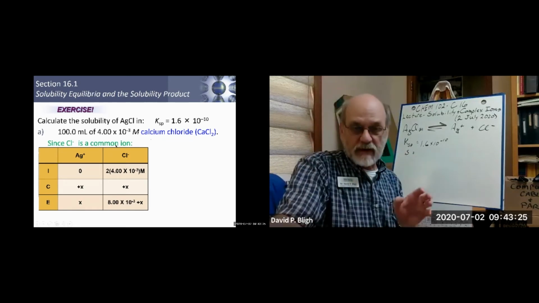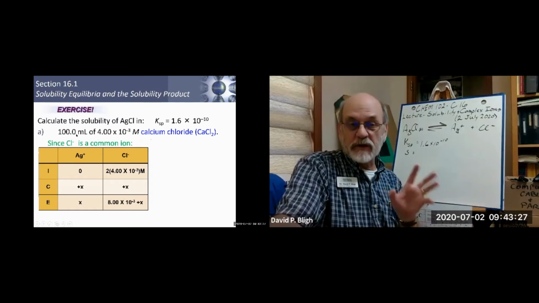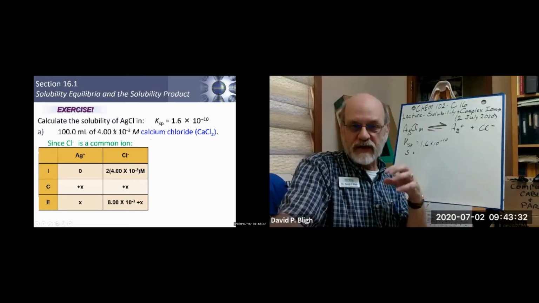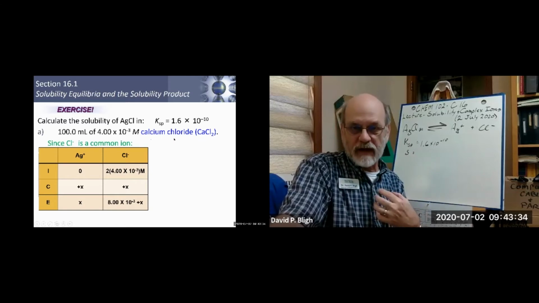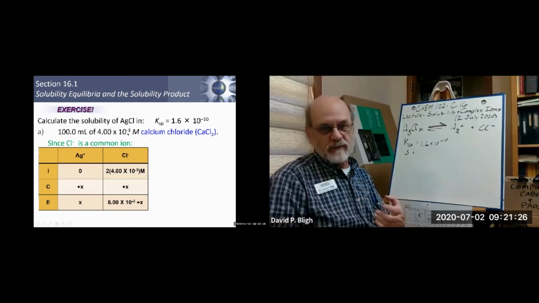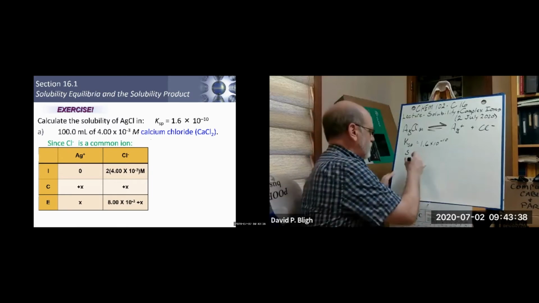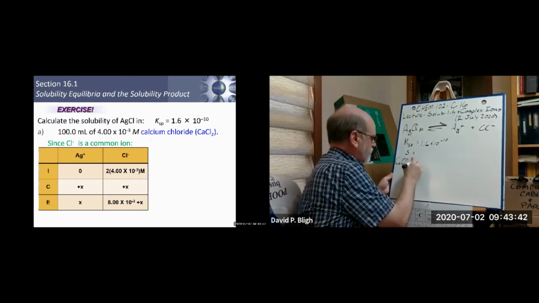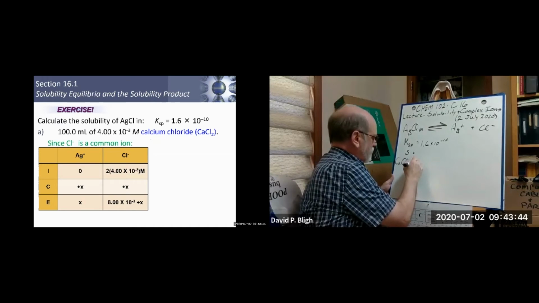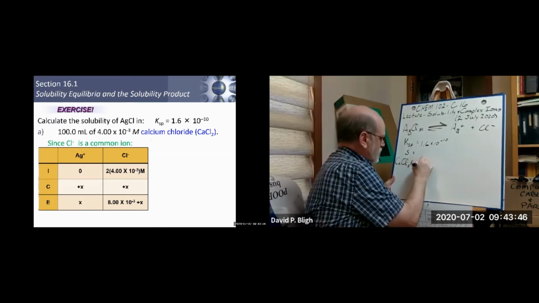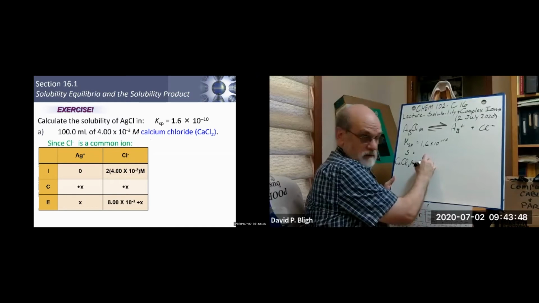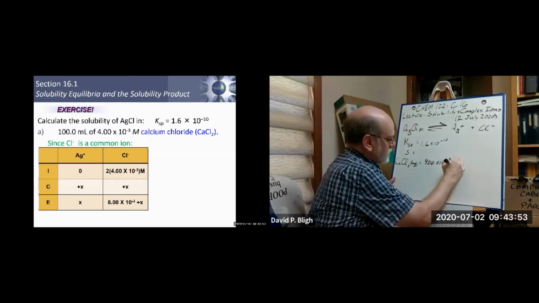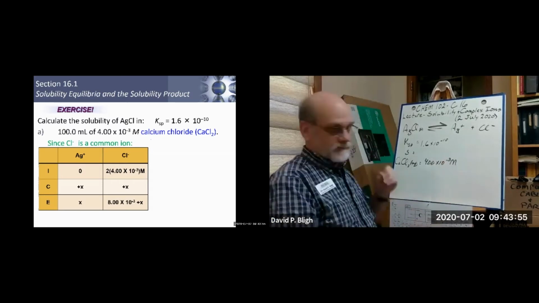And we're given 100 mils of solution, which also has a concentration of calcium chloride at 4 times 10 to the minus third molar. Okay?